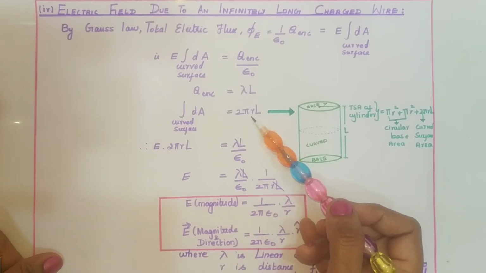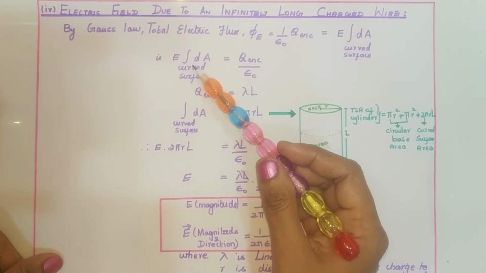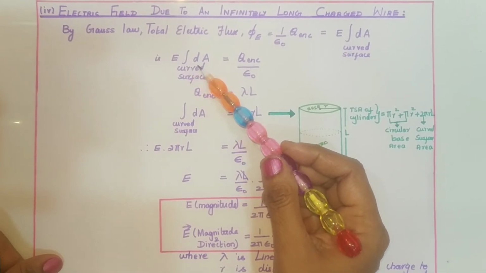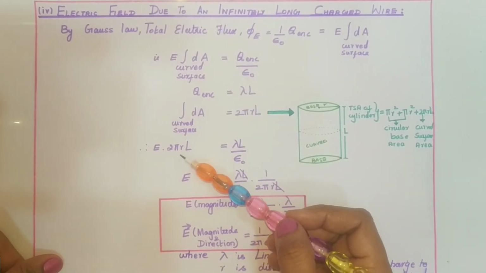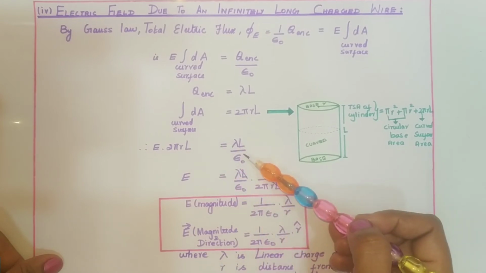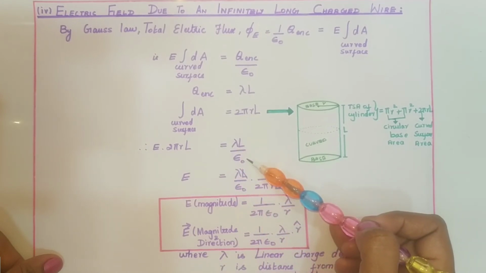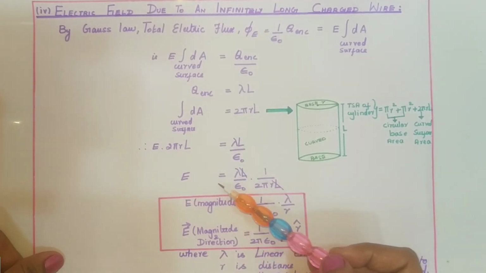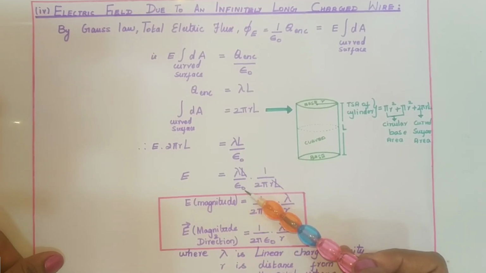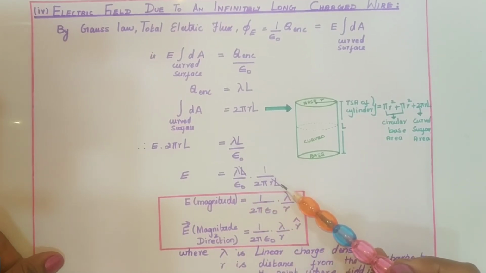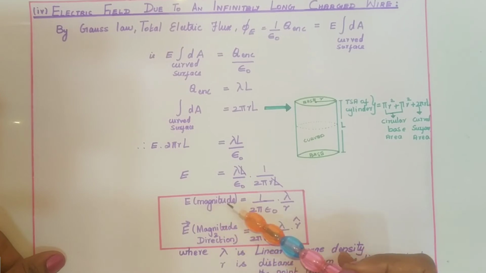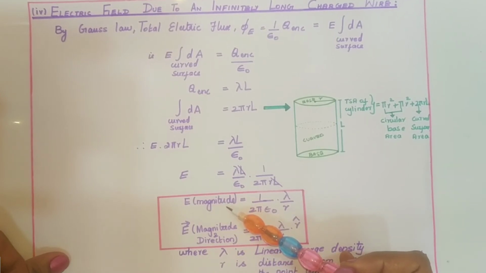Now we substitute this for the integral over the curved surface dA. What do we get? E into 2 pi RL is equal to lambda L by epsilon naught. So E will be lambda L by epsilon naught into 1 by 2 pi RL. Here E is the magnitude value.